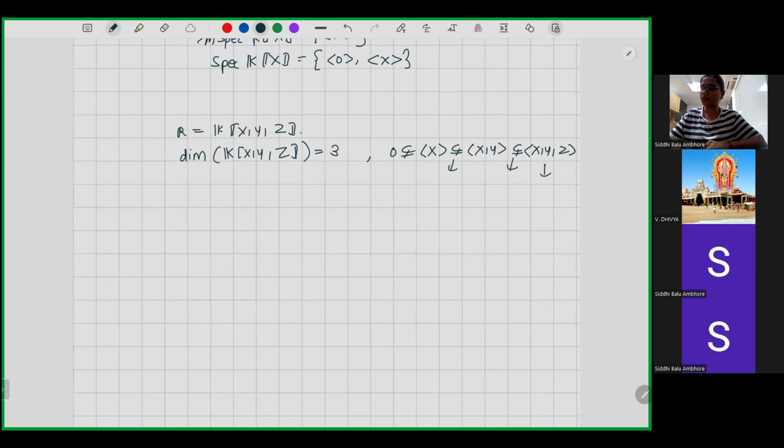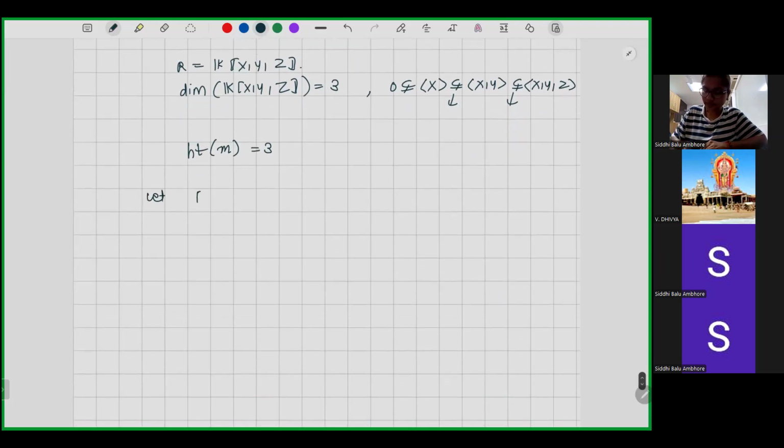And this is the unique maximal ideal. So that's why the dimension of this is 3, and the height of this ideal m is also 3. There is no doubt in this, I hope.